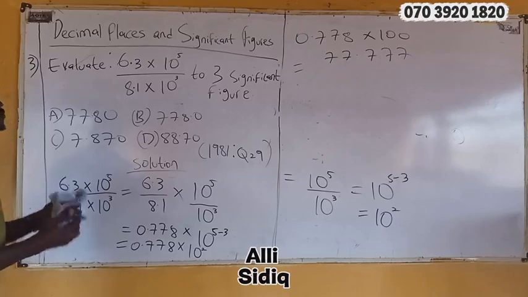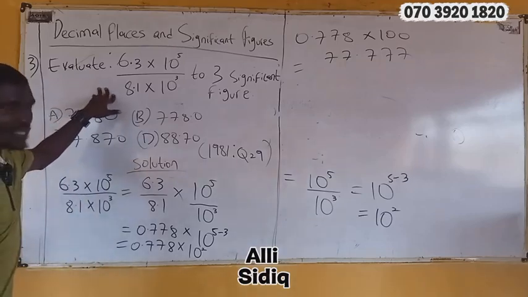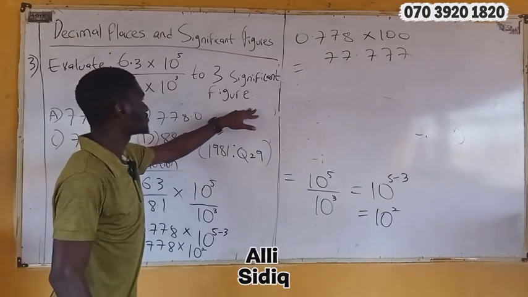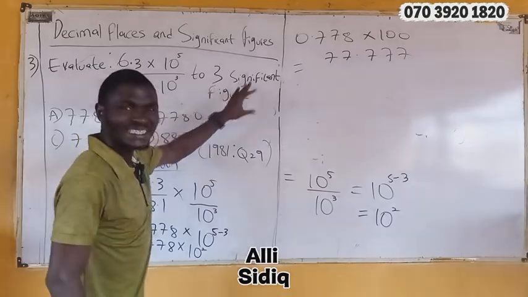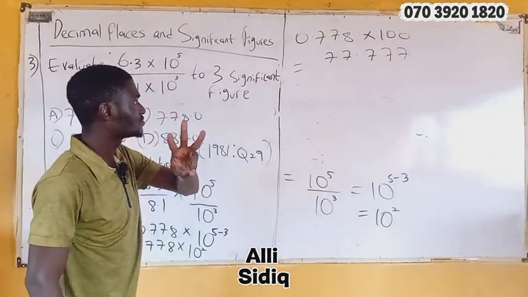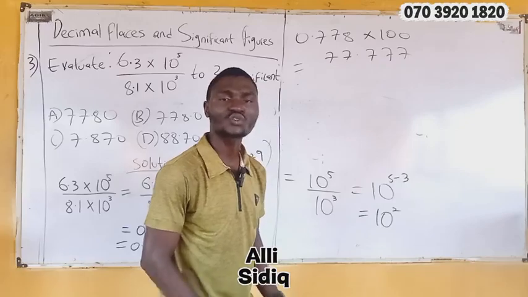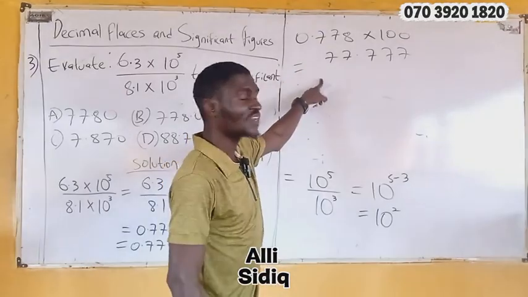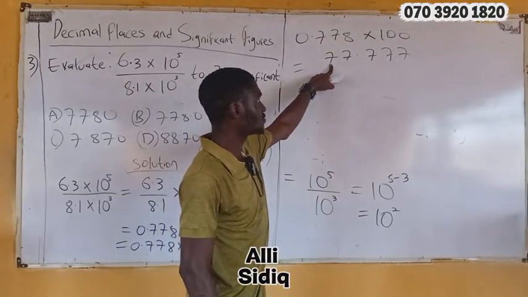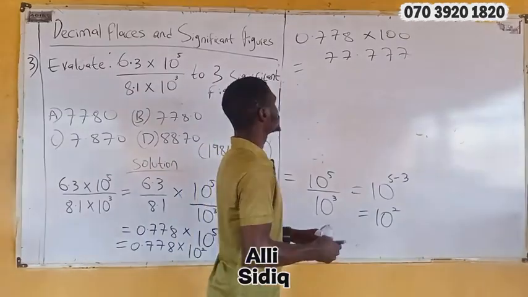So I've done my first step where I was told to evaluate. Now after evaluating, I'm to take it to how many significant figures? 3 significant figures. And according to the significant figure, I told you start from the first non-zero. We don't even have a 0 here. So the first non-zero here will be what? This first 7. So how many significant figures? 3 significant figures. So now let's start.